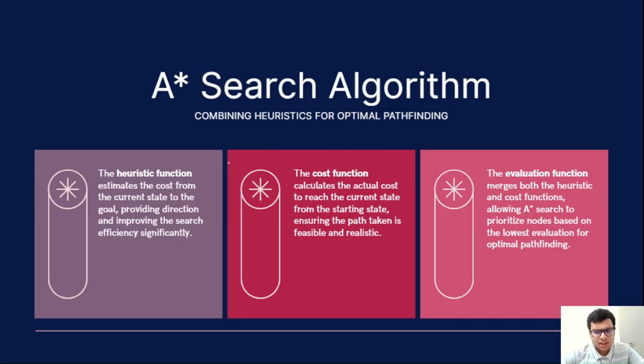So there are three components of the A star search algorithm. The heuristic function, that we denote as h of n. N is the number of nodes that we have traversed till now. The cost function is usually denoted by g of n, and it is the number of nodes we have already traversed till now.